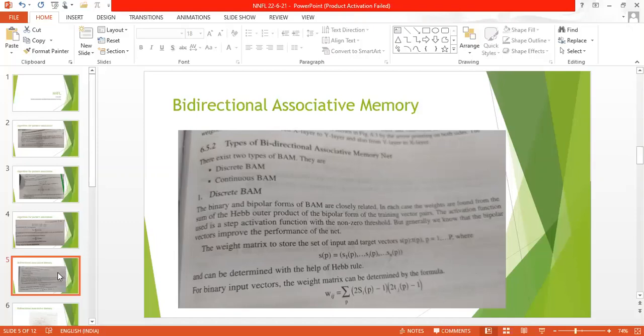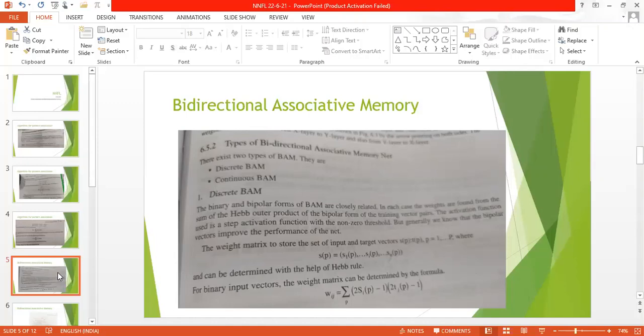In the heteroassociative bidirectional associative memory network, there are only 2 layers, X layer and Y layer. In the X layer, there are n units. In the Y layer, there are m units.